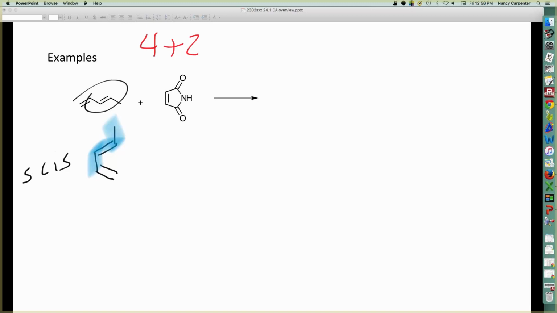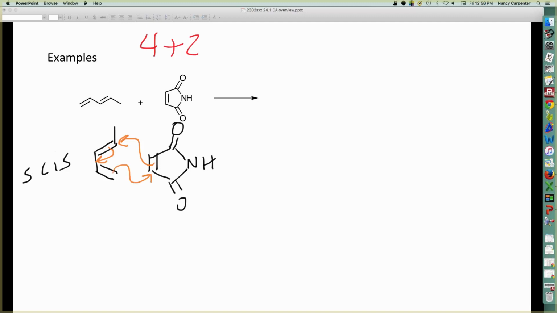It's got to be a trans alkene here. All right, well, once I've drawn my diene in the S-cis conformation, then I can draw my dienophile right next to it. Oops, not that.